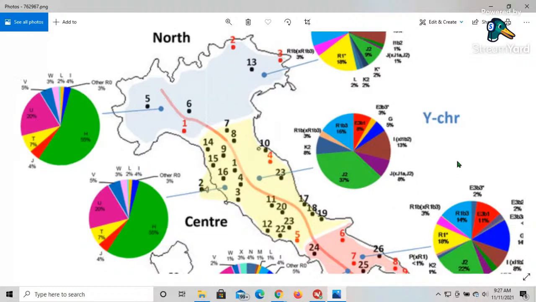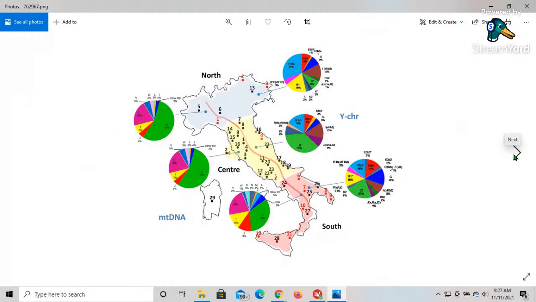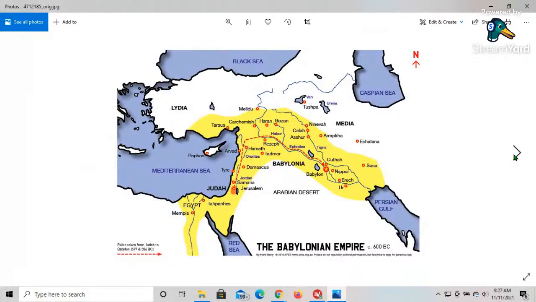So that confirms that, and this is the Fertile Crescent. Just by way of hammering in that these are known ancient civilizations. Lydia is Lud. Media is Madai.